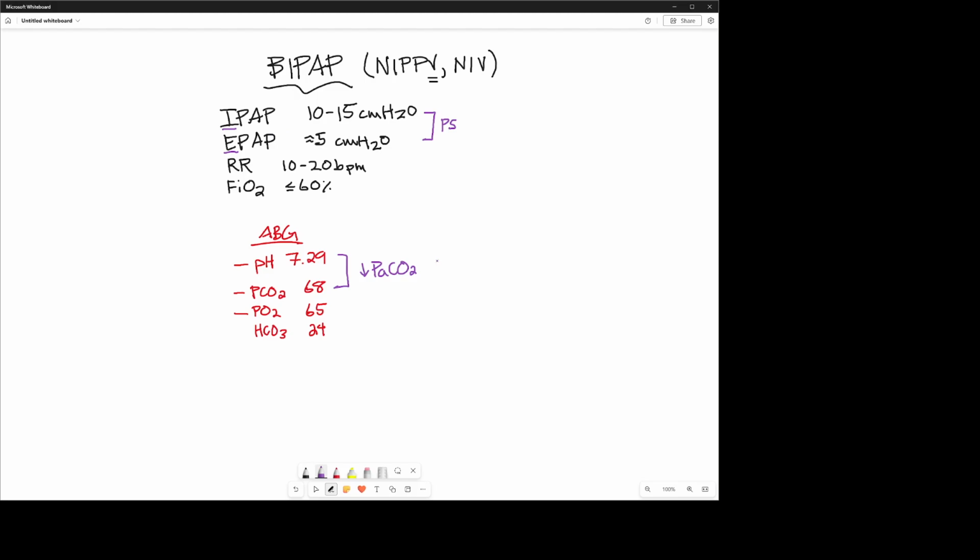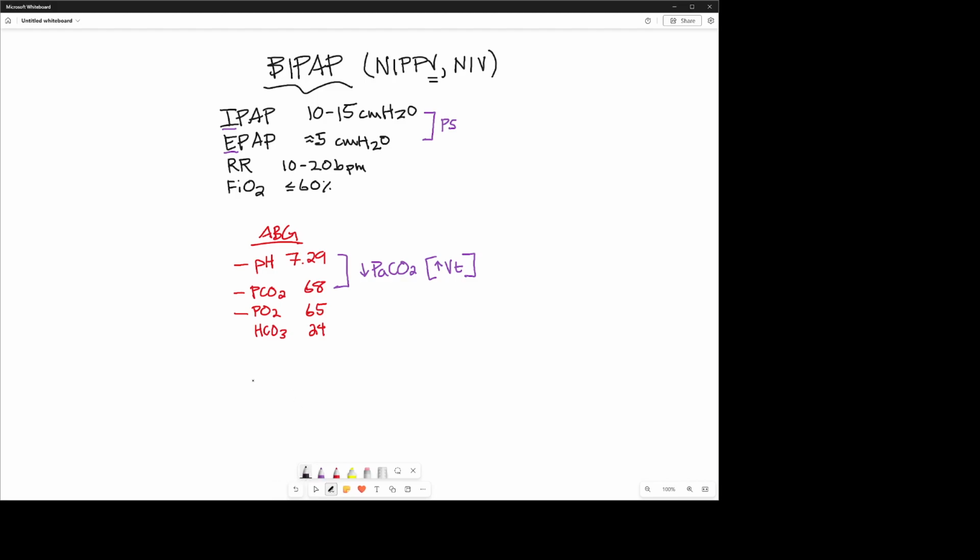And what the support or the difference in pressures is going to do is increase the tidal volume that the patient's breathing per breath. So if we can ventilate out CO2 by increasing the tidal volume, that is something we want to keep in mind as we go about setting up our BiPAP and placing it on the patient: there needs to be a pressure change or difference when they inhale versus when they exhale.